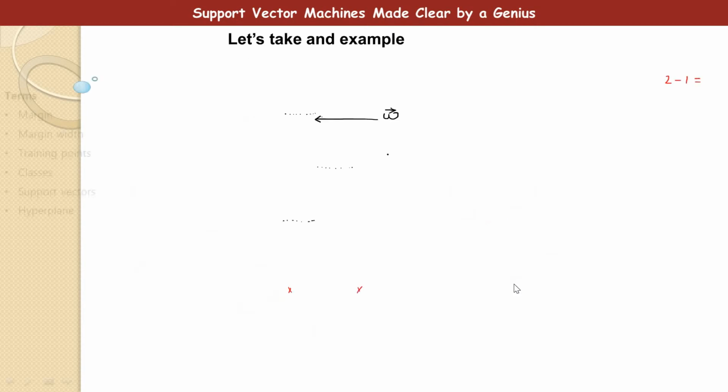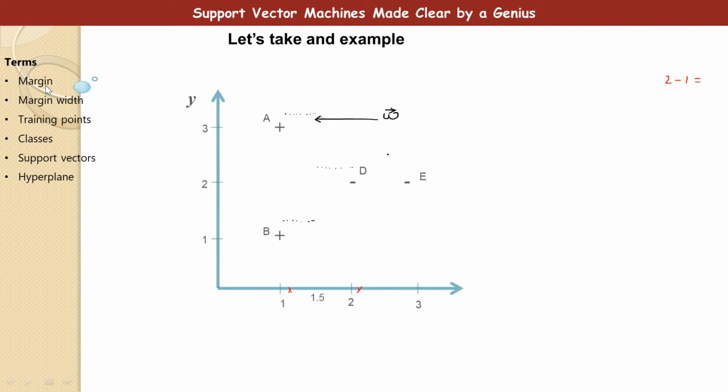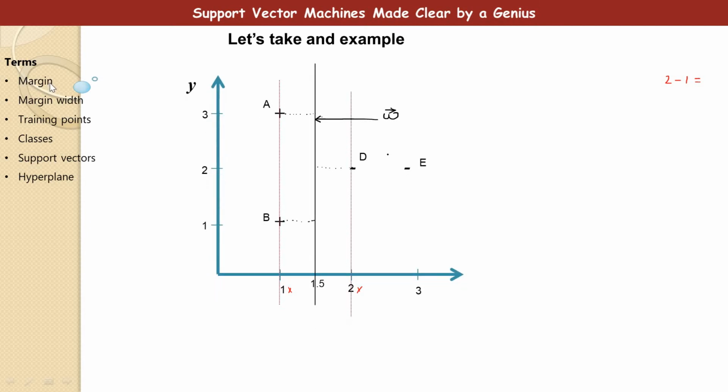So, a few of the basics. You already know what a margin is. Let me draw this. A margin is the separation between the two gutters, the distance between the two gutters.